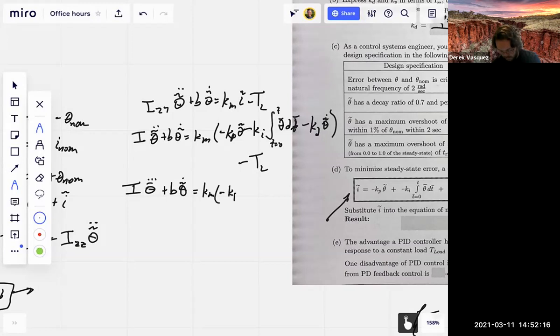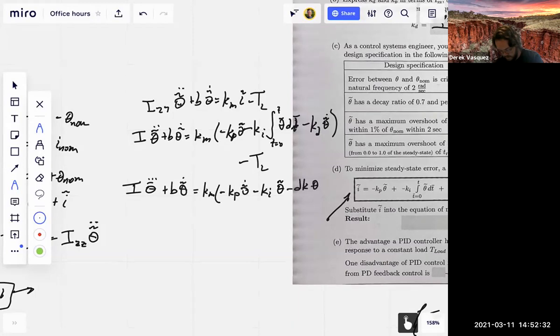So that's minus k_p theta tilde dot minus k_i, and we just take the derivative of this integral, which is just whatever's inside the integral, so theta tilde, minus k_d theta tilde double dot. Minus T_load. So now I'm going to go ahead and rearrange. So I have I theta tilde triple dot.